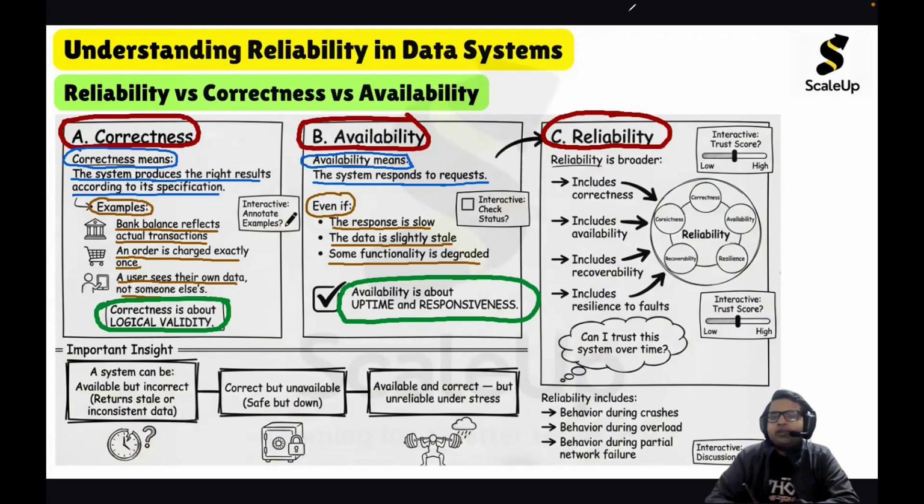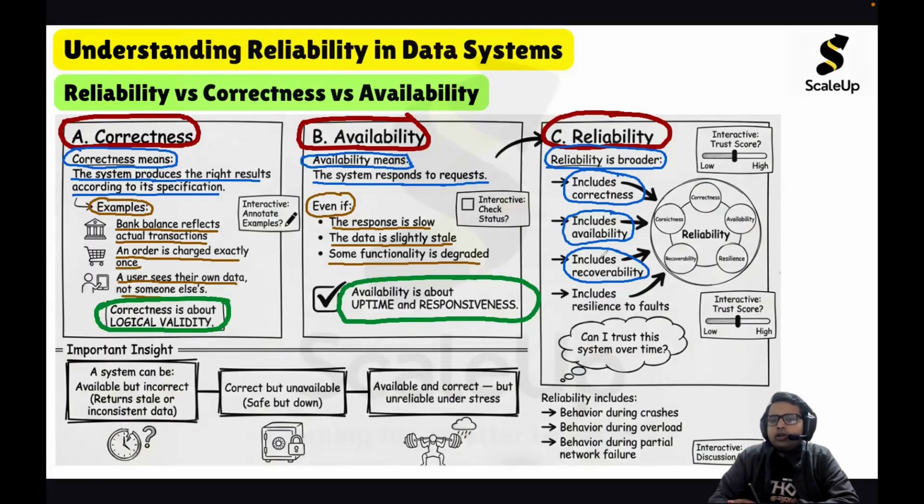Now reliability. Reliability is a bit broader. Reliability includes correctness. Reliability includes availability. This is very important. Reliability also includes recoverability, because we already saw that reliability means how the system handles failures gracefully and how it recovers from failure.